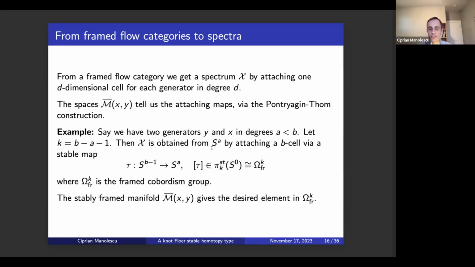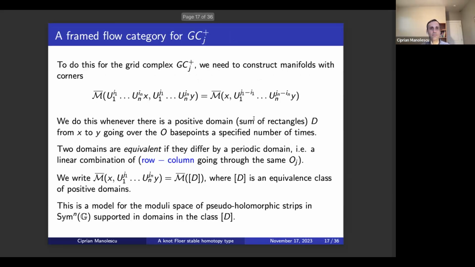They generalize this to manifolds with corners, and they explain that if you have these boundaries and everything is compatible, then you get the spectrum. Okay, so we will do this for our complex, for GC+.